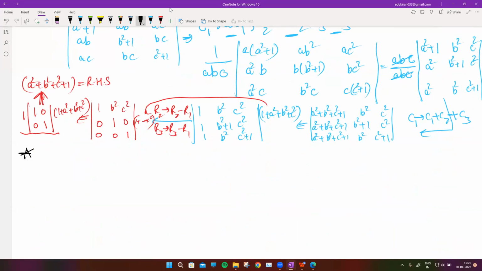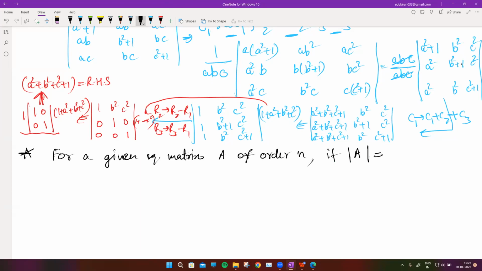The rule says, for a given square matrix A of order n, and we know the determinant of this square matrix, let's say the determinant of A is equal to delta, right?